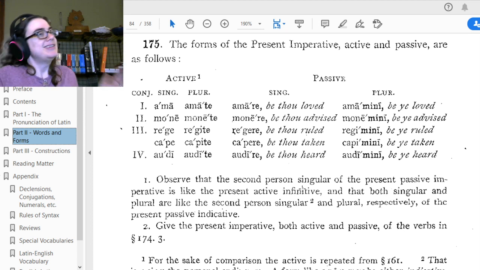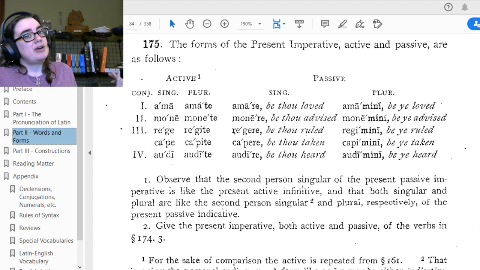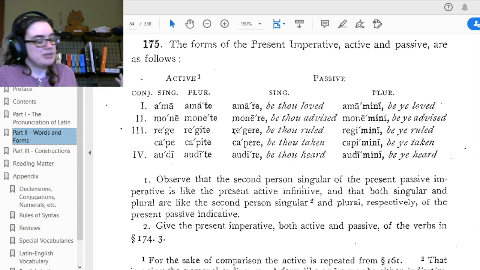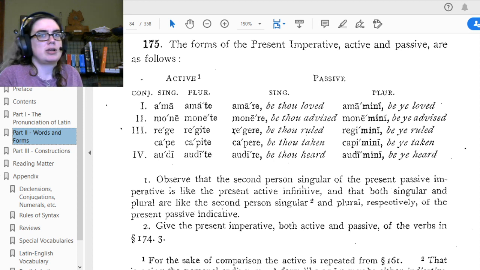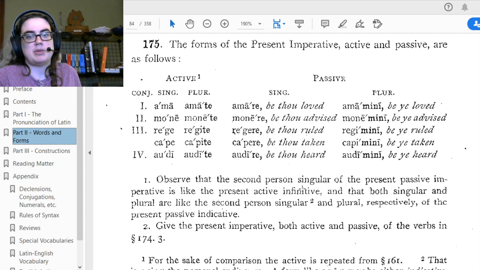Right? Imperatives, not that common. Passive imperatives, less common. And context makes it a little bit more clear. Is the speaker directly talking to somebody and ordering them to do something? Okay, then it's an imperative. But otherwise, it's probably a passive infinitive.